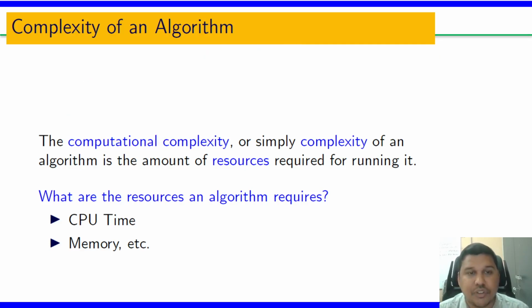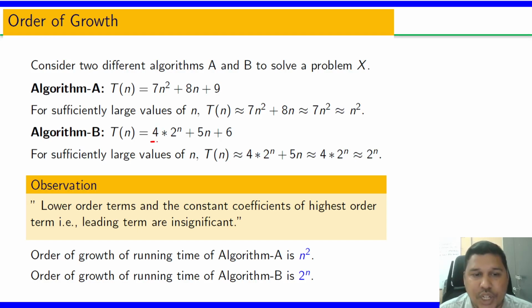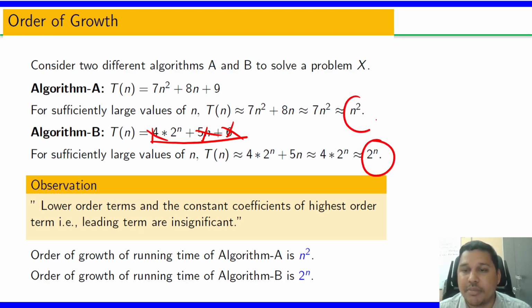So to avoid that confusion, we have come up with the concept of order of growth. What is that? Given the running time equation, identify the higher order term, and ignore or delete all the lower order terms. So 5n and 6 is deleted. After deleting those lower order terms, then delete the coefficients of the higher order term. So this becomes 2 power n, and this becomes n square.